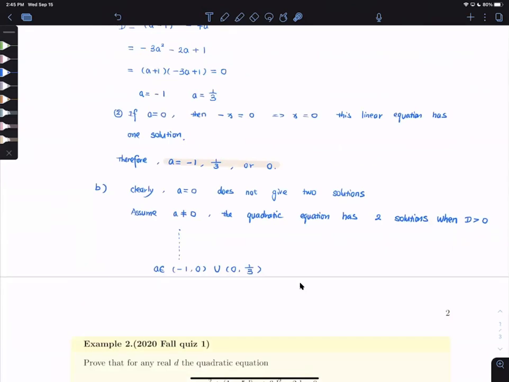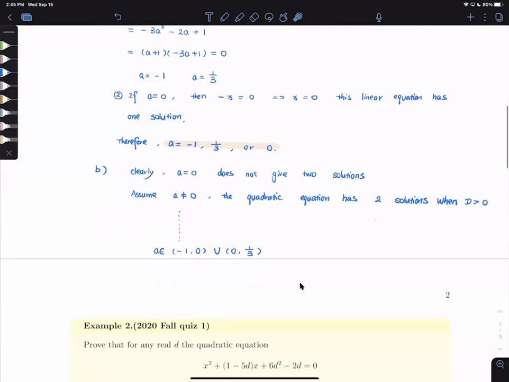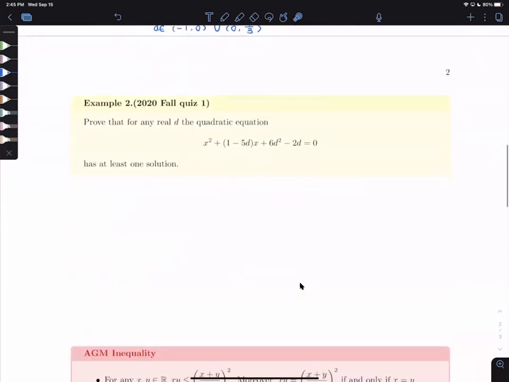Okay? Try it for yourself because it's really important to try the questions yourself. And for example 2, I want you to try it for yourself as well. So this is your practice question. Practice on this. I will post the solution and you come to my office hours if you don't understand.